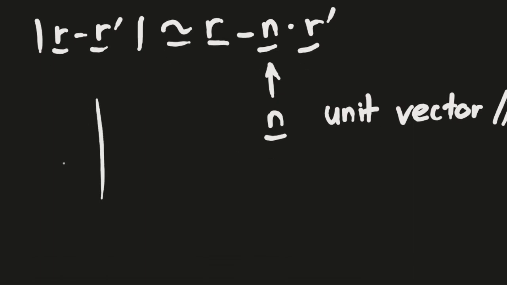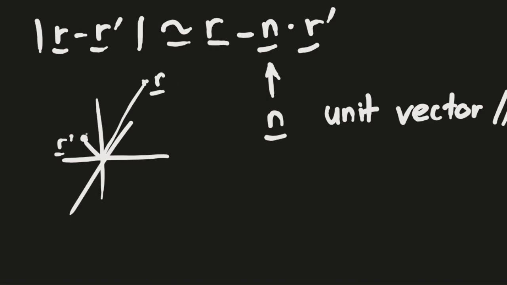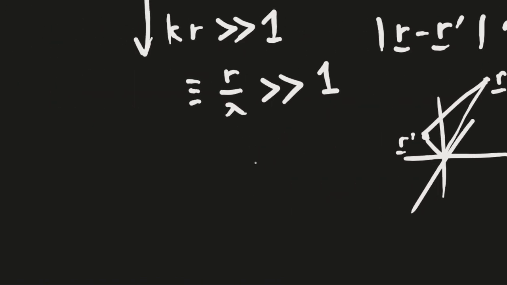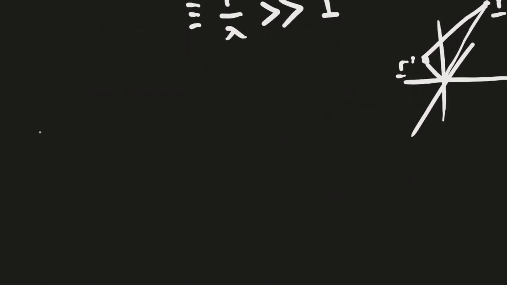And if you have your system, say we take r prime to be this, and r to be this, then this would be what we're trying to get. And this is basically r minus, assuming this is small, the component of r prime along the unit vector of r. So that lets us take the form.